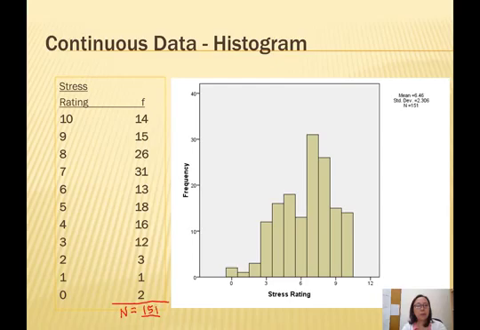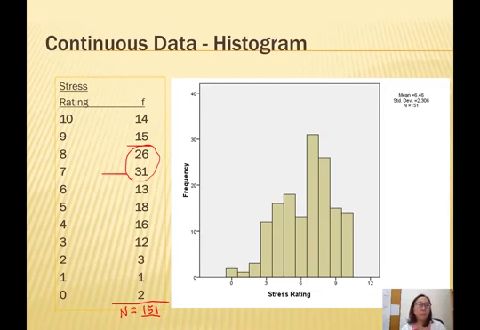And you can check to see that that's true. So we have a sample size of 151 people, and they were asked a question to rate their stress level on the scale 0 to 10. When you look at the frequencies, you kind of see where most people are congregated, right? Maybe around here. You see a lot of numbers here, and you kind of estimate that that would be sort of the mid-range as well.